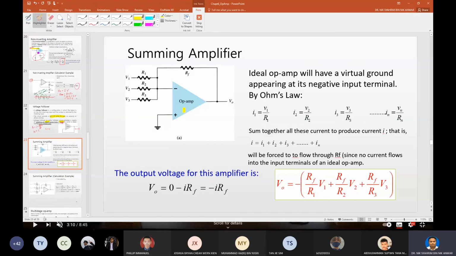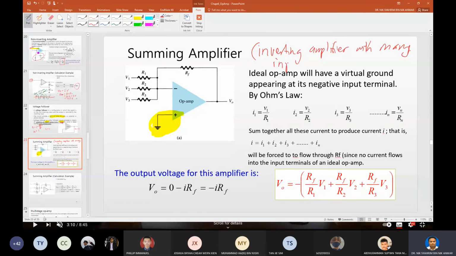So if you notice here again, the non-inverting input is grounded. So this is like an inverting amplifier with many inputs.